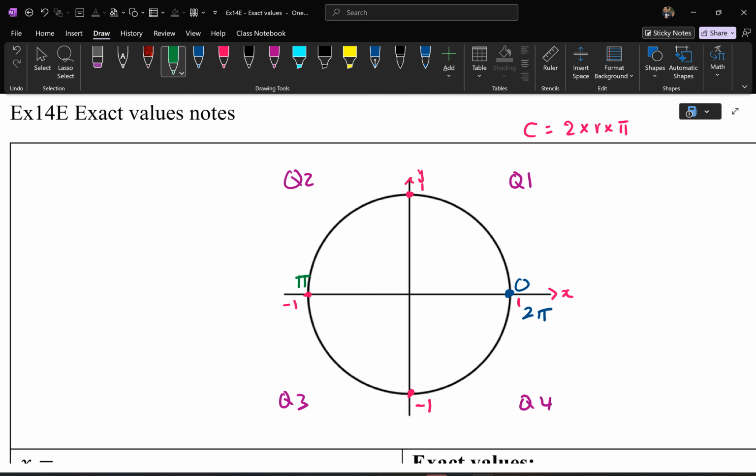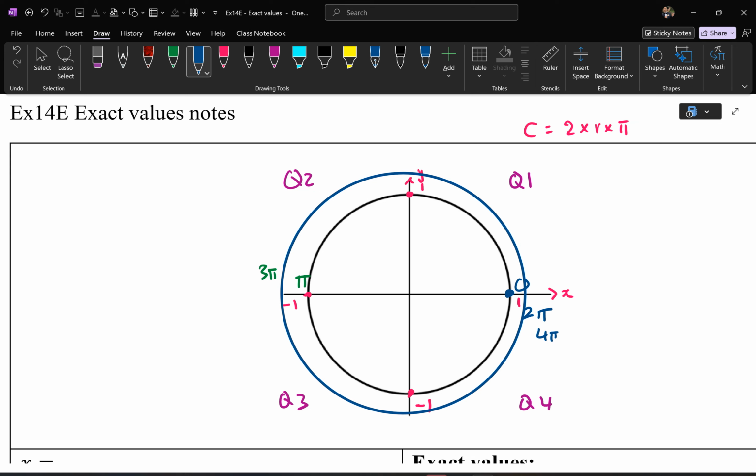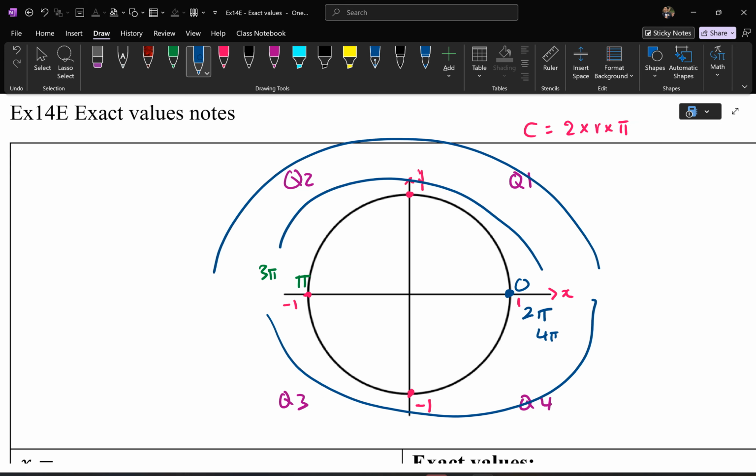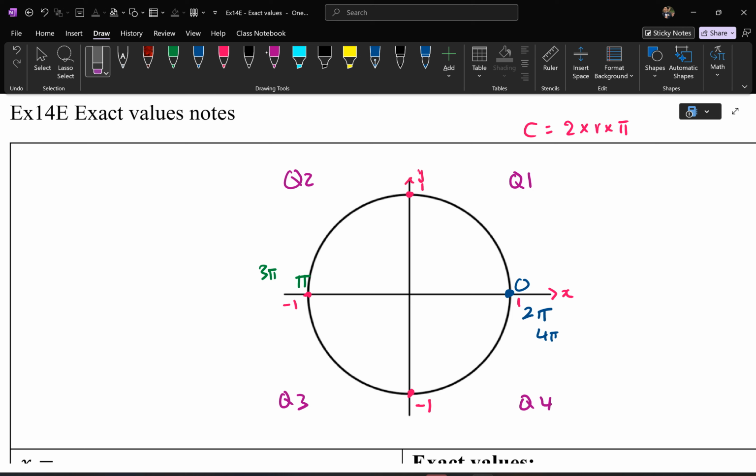The benefit of knowing that that's pi is that you start to see a pattern. It goes 1 pi, 2 pi, 3 pi. So I'll write it over here. 3 pi. Then it becomes 4 pi over here. You see, every time I move, this is 1 pi, 2 pi, 3 pi, 4 pi. And then you end up seeing a pattern that if you follow, becomes pi, 3 pi.